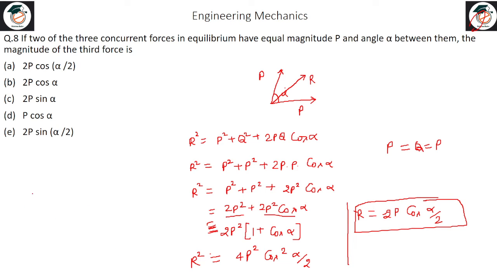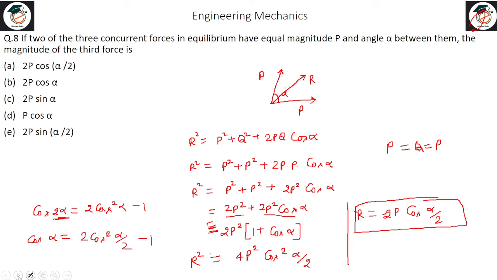Here we applied the formula cos 2 alpha equals 2 cos square alpha minus 1. Here it is not 2 alpha in the question, so cos alpha equals 2 cos square alpha by 2 minus 1. Hope you understand the question.